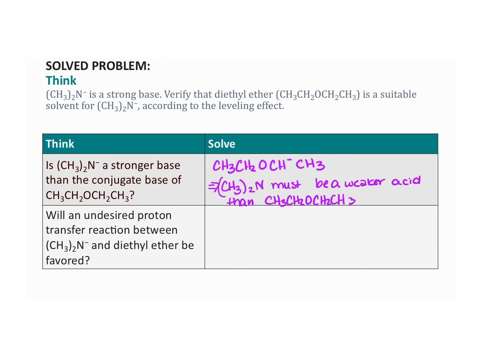Okay, so what we find is that the pKa of CH3 is 38, right? And that's lower than the pKa of CH3CH2OCH2CH3, which is 45. So we're comparing the pKa's here.